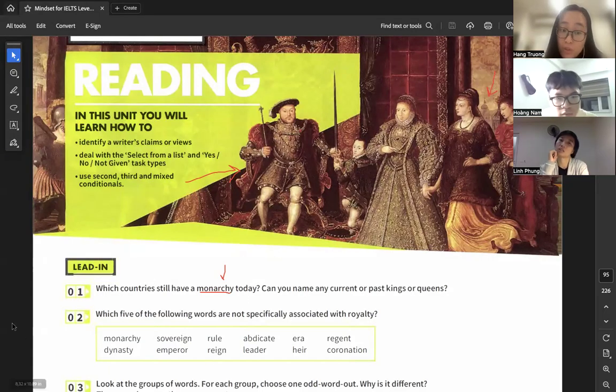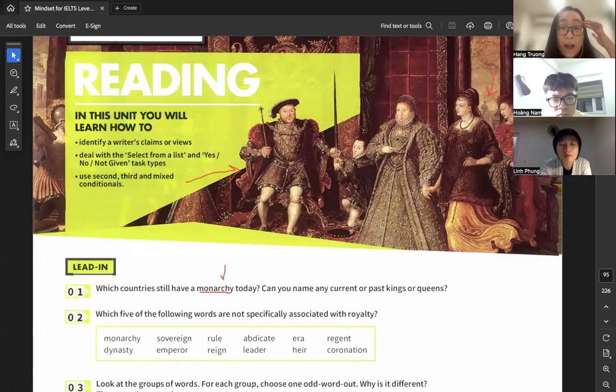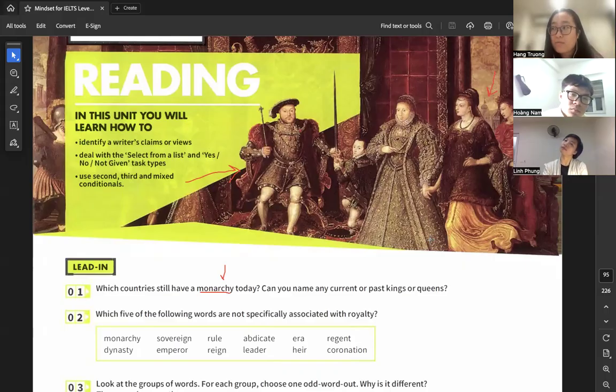Okay, and before we do that, let's look at some of the words related to the topic of monarchy today. From this picture as well, like Hoa just mentioned, the clothes here, we can obviously see that they're very rich people. And not just rich, but also very royal, right?